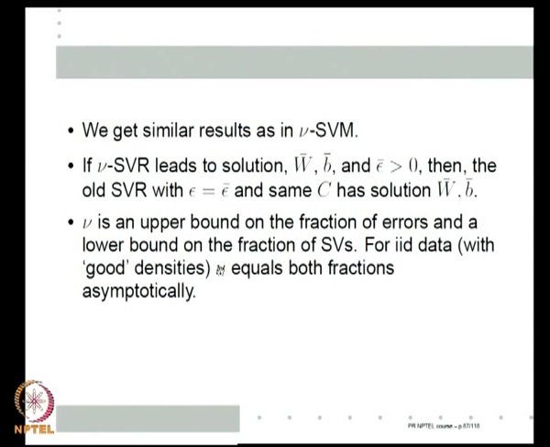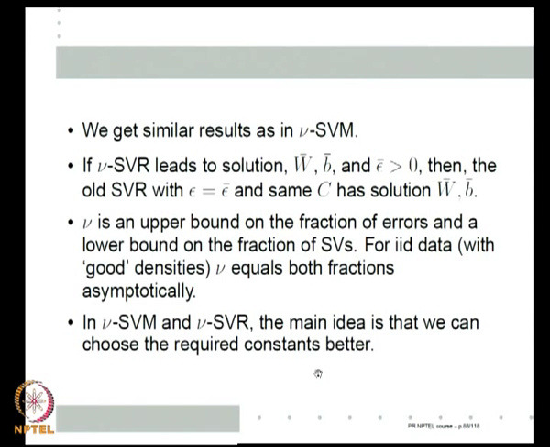So, as the number of examples goes to infinity, nu is actually equal to the fraction of support vectors as well as the fraction of errors. So, like in SVM, it becomes very easy for the user to decide how to choose the required constants.